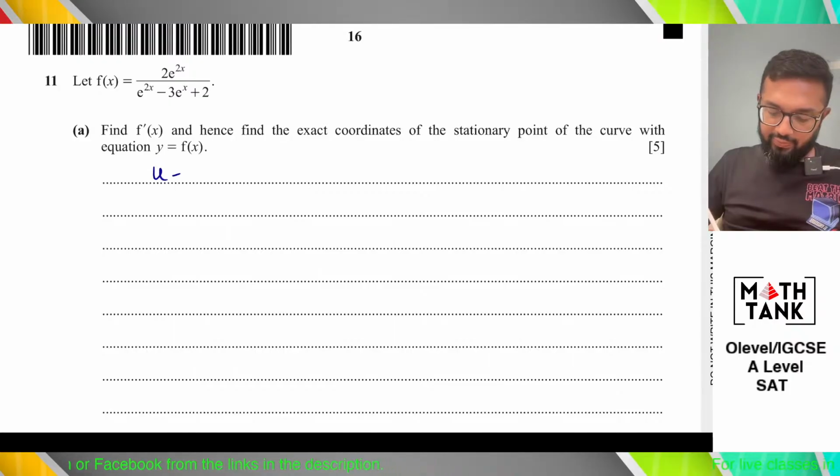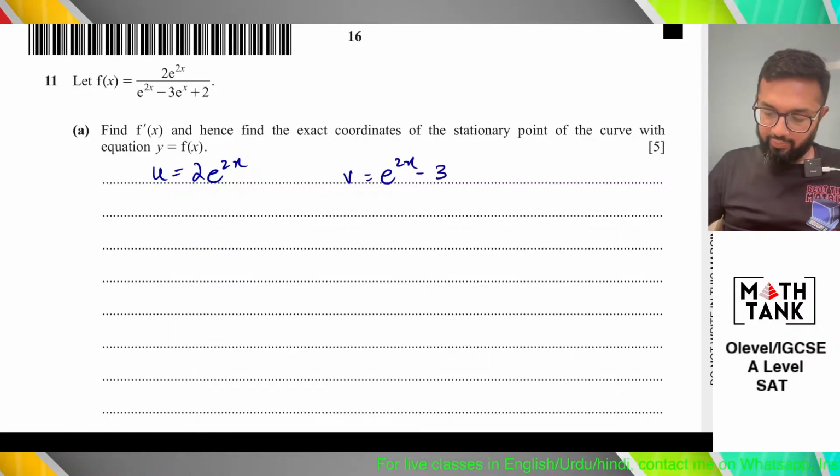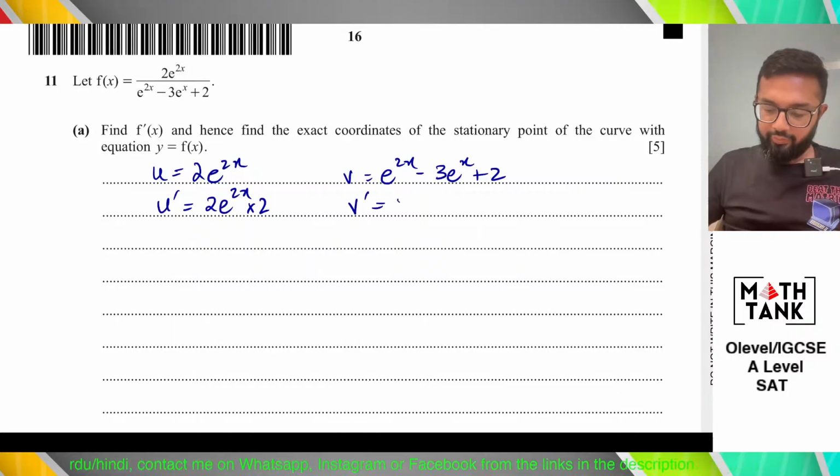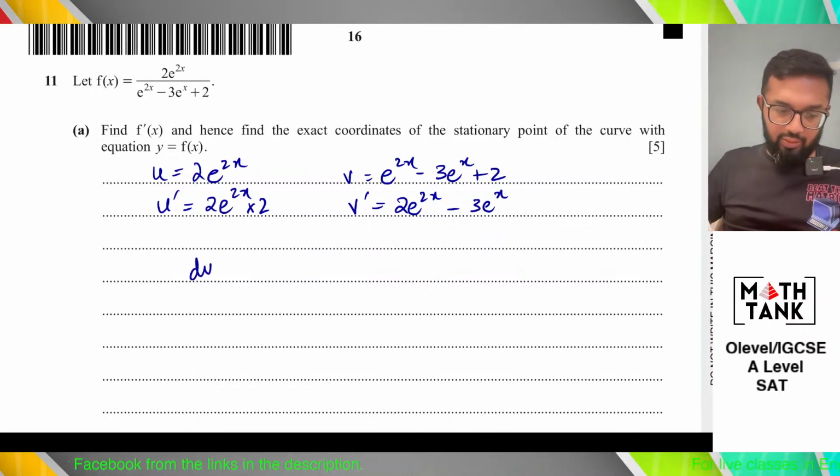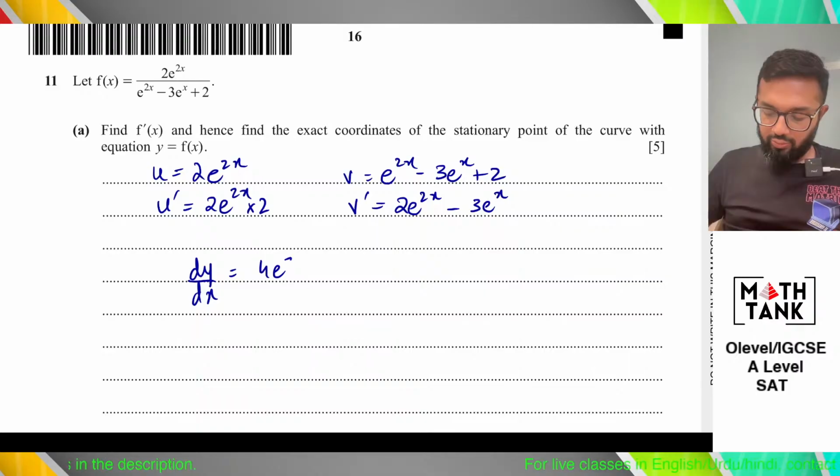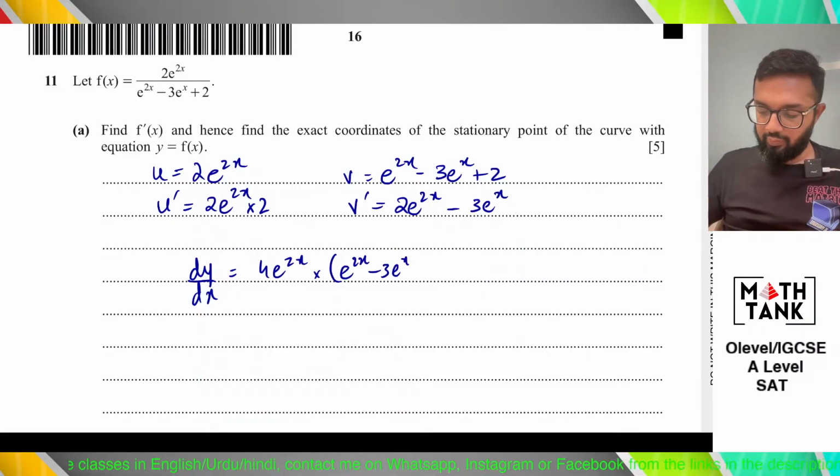F bar of x. So u equals this, v equals this. dy by dx is u dash v plus v dash u.